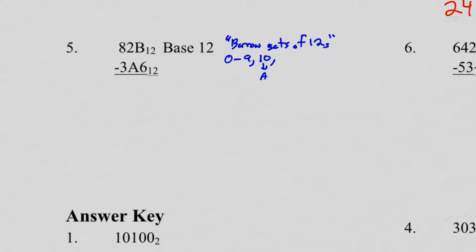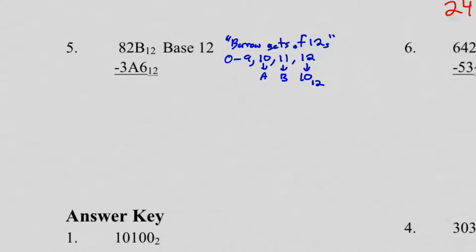So 11 is going to be B. Okay, then once you get to 12, you completed a set. All right, so if you get to 12, then that's going to be one set of 12s, no remainder. Okay, so that's the numeral 10. Okay, so that's kind of our basis here.